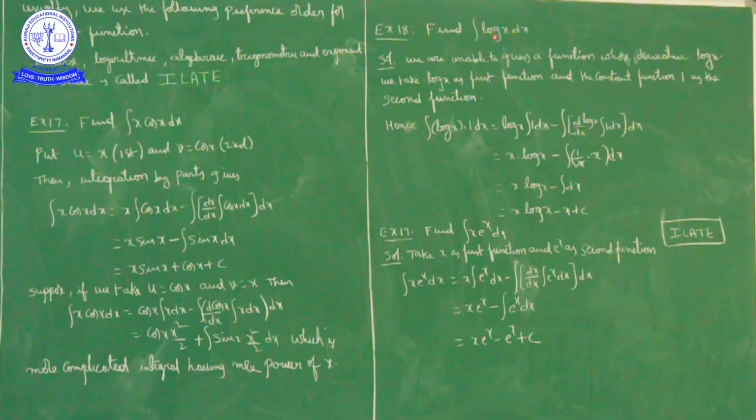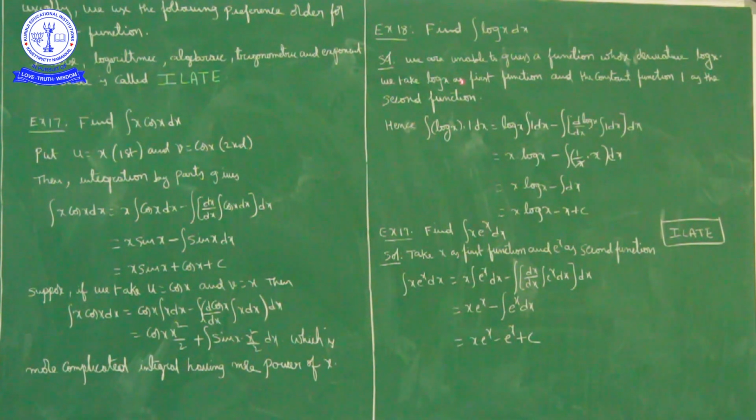In such case, we will consider the given function as first function and 1 as the second function. We don't know integration of log x directly, so we consider the given function as first function and 1 as the second function.